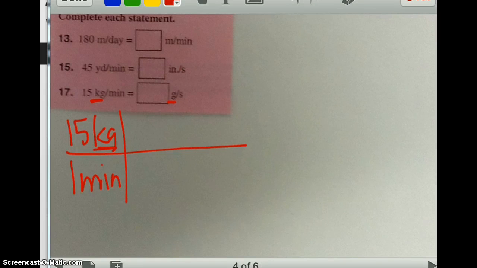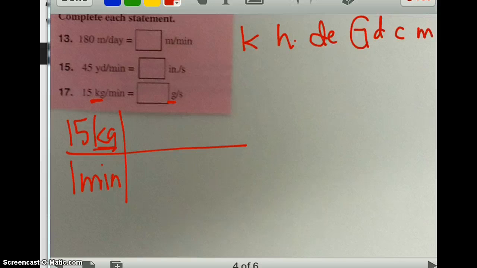So I look back into my notes, and I see that I've got this little chart. Kilograms, hectograms, decagrams, and then here's my gram right in the middle. Then I've got deci, centi, and milli. So I want to go right here. I'm at kilograms, and I've got to get to grams.